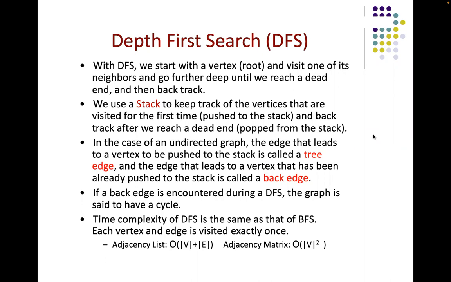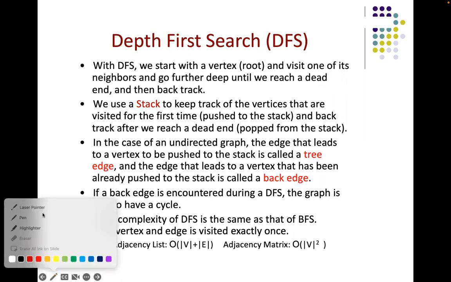But in the depth first search algorithm, we start with a vertex, which means we start from a single node. We can refer to that as a root, and we visit one of its neighbors and we go further deep until we reach a dead end.